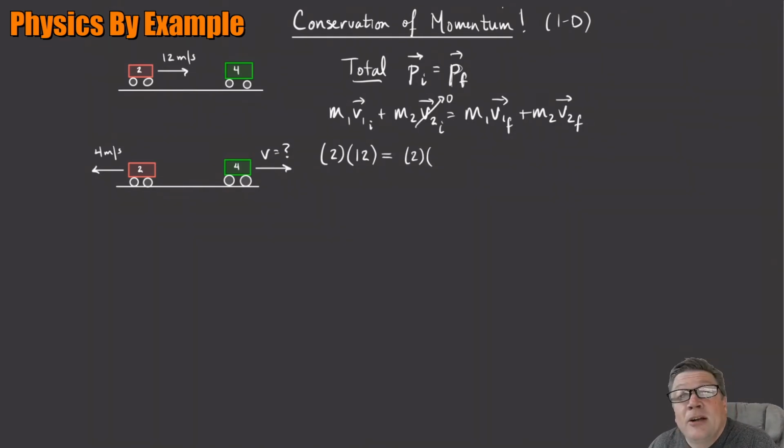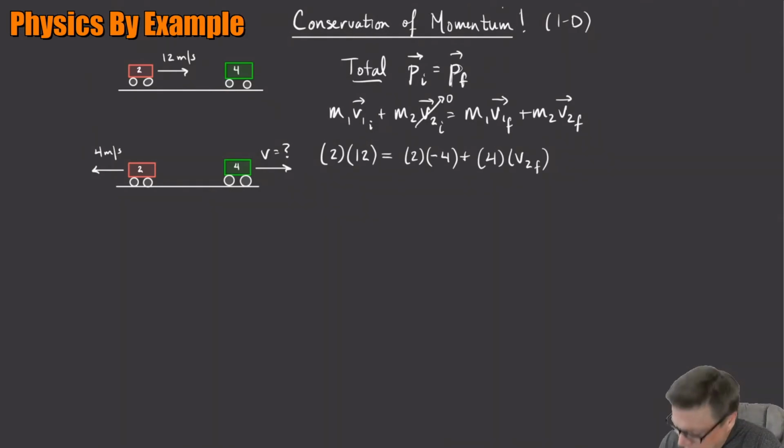Oh, now we have to be careful. These are vectors, right? So it makes a difference if something is going to the right or to the left. If it's going to the left, I'm going to call that negative because I called going to the right positive. So this is going to be minus 4, plus, I already know what M2 is, so this is going to be 4 times V2 final, which is what I'm trying to find.